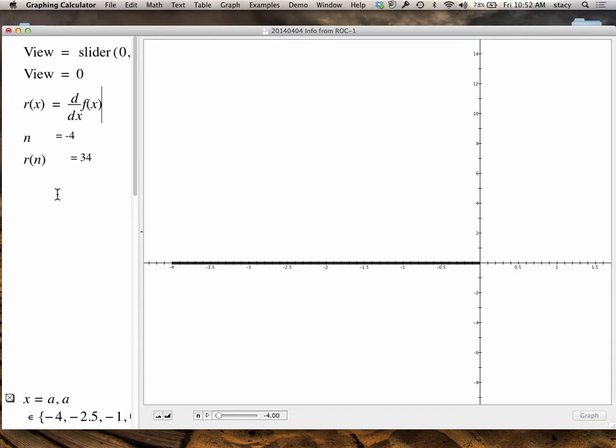So it's outputting what type of thing? An accumulation or a rate of change? A rate of change. Okay, so in particular, if I were to graph this ordered pair, what would be the meaning of that ordered pair? -4, 34. What's the meaning of that ordered pair?